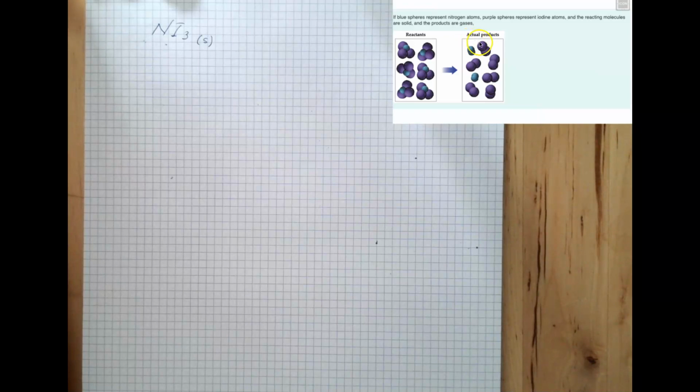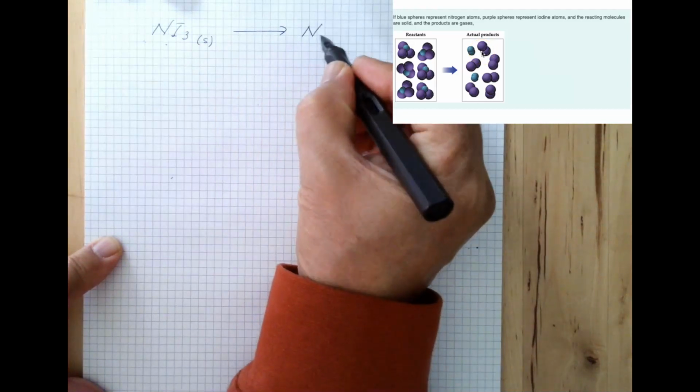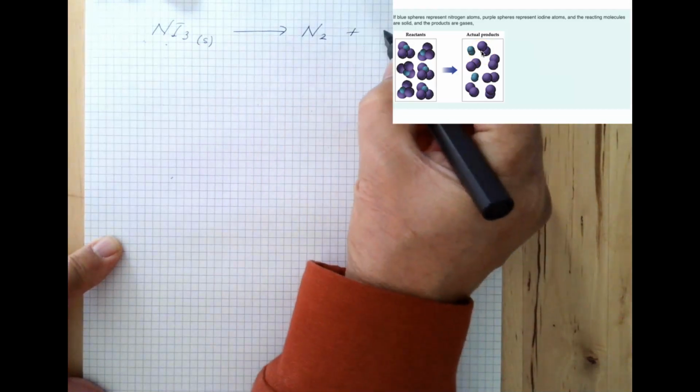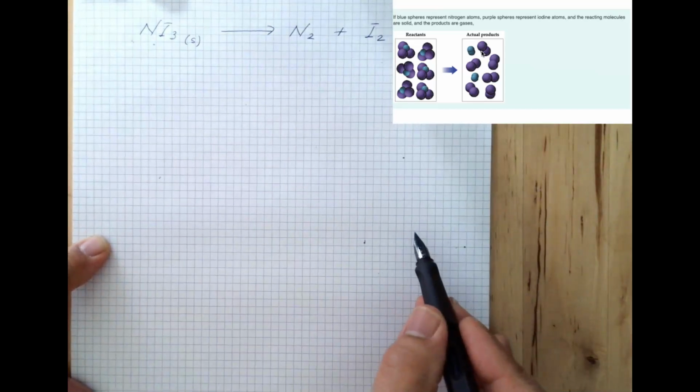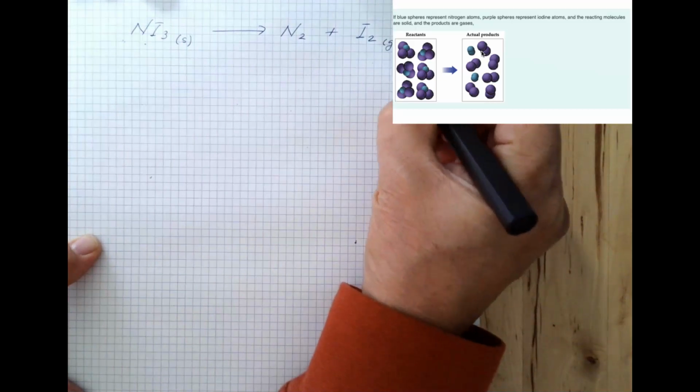Now, let's take a look at what we have here. Once again, looking at the color code, you have N2 and you have I2. So let's put that as the products: N2 plus I2. And you are also told that these are gases. So let's indicate that by the gas.